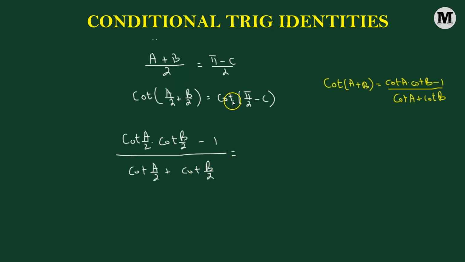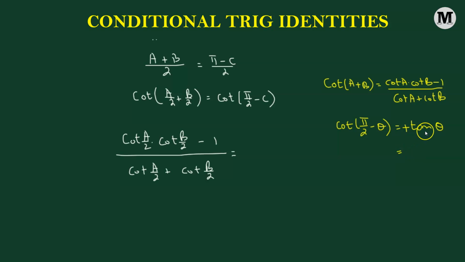Now coming to the right hand side, what we have here is cotangent of pi over 2 minus some angle. We know that whenever we have cotangent of pi over 2 minus theta, that is simply equal to tangent of theta. Since pi over 2 minus theta indicates we are in the first quadrant, we are going to get a positive value.